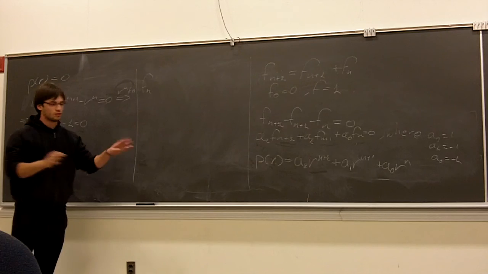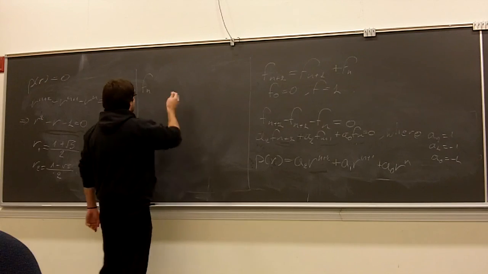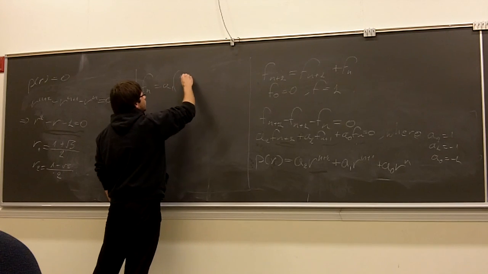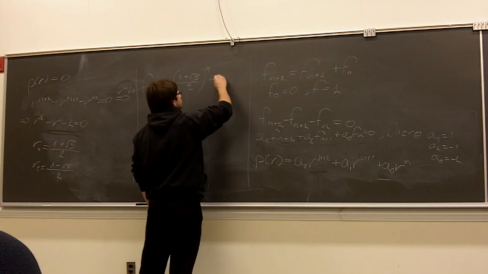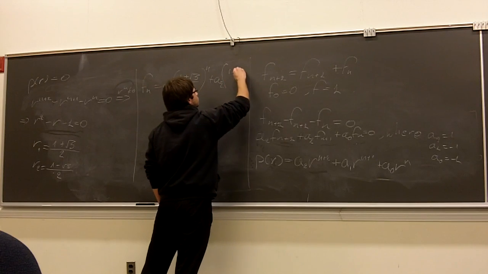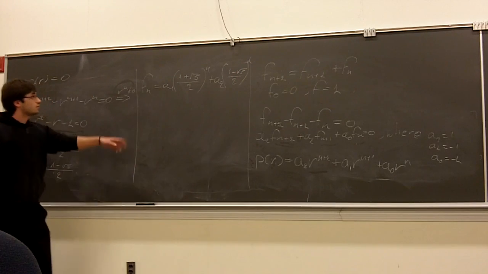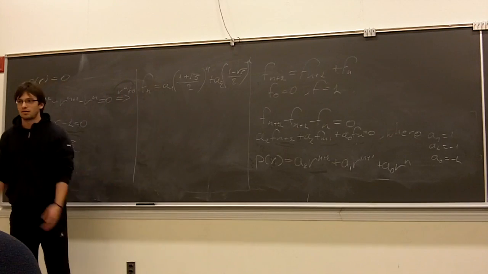I'm making some jumps over here because it's difficult there. Okay. What you get is something that looks like this. And if you use the initial values, then you know these two constants, and the whole thing is solved.